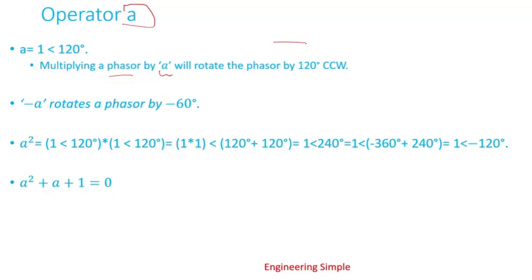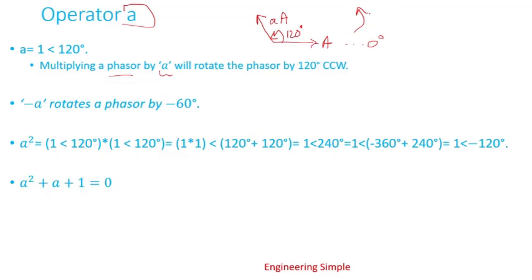So if you have, say, phasor A, this is 0 degrees, or the reference, it will not change the magnitude, so if I multiply phasor A by operator A, it will rotate it by 120 degrees.